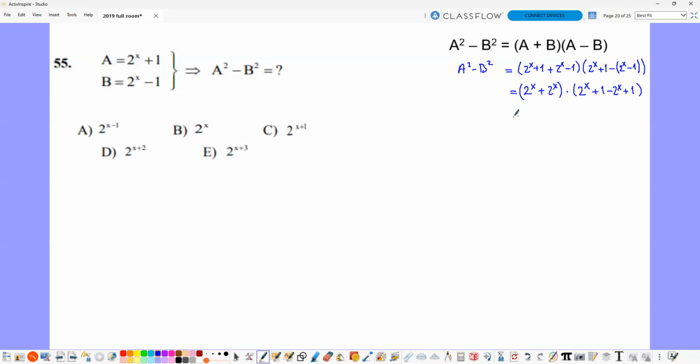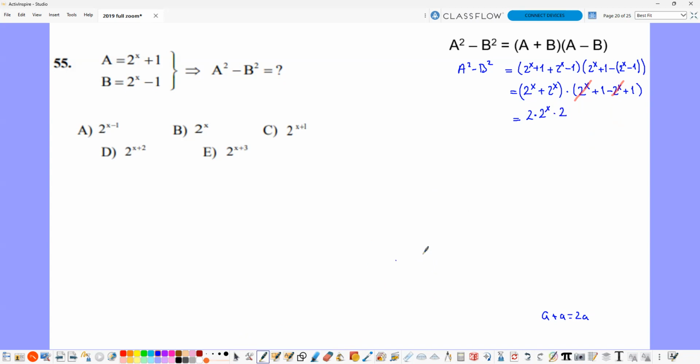Which means that here 2 to the power of x plus 2 to the power of x, I'm going to accept like a plus a, which is equal to 2a. That's why this is 2 times 2 to the power of x. And here these two are going to be eliminated, 2 to the power of x minus 2 to the power of x. So it's going to be only 1 plus 1, which is also 2.